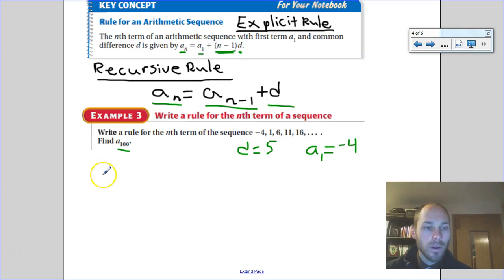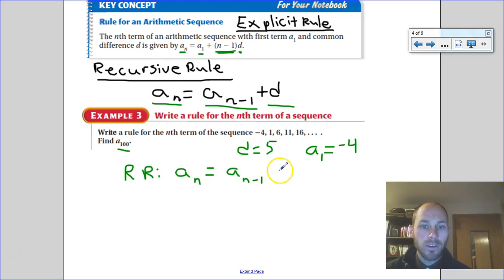So let's start off with our recursive rule. See if you can write that. I'm going to abbreviate recursive rule. To find the nth term, I take the previous term, and what am I doing each time? I'm adding 5 every time in this sequence.